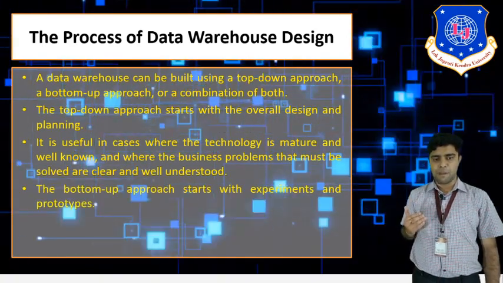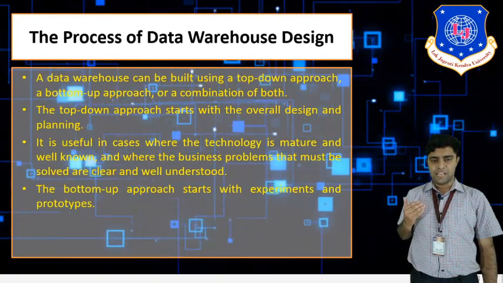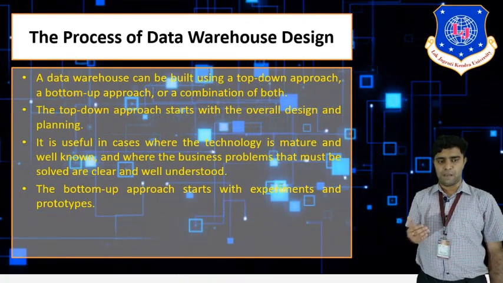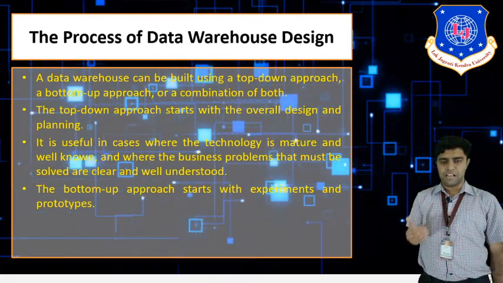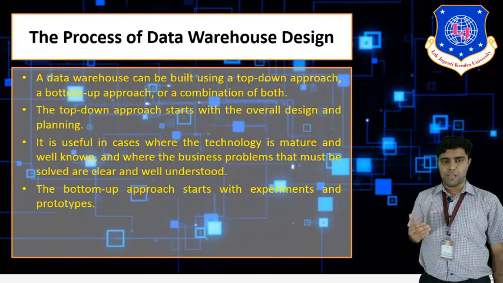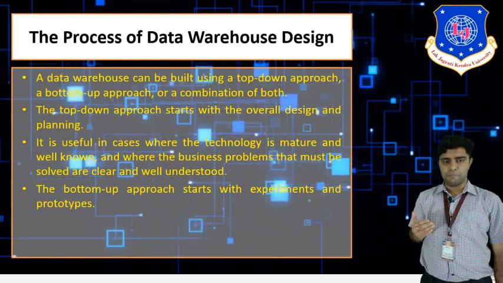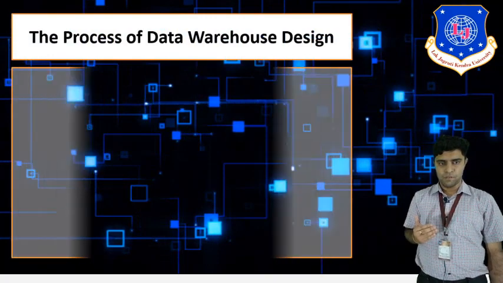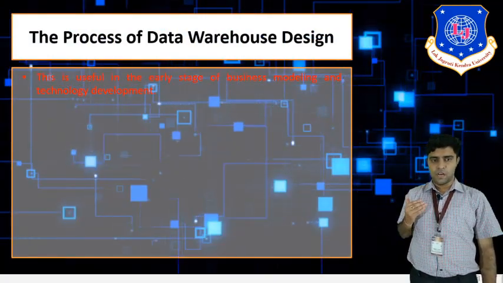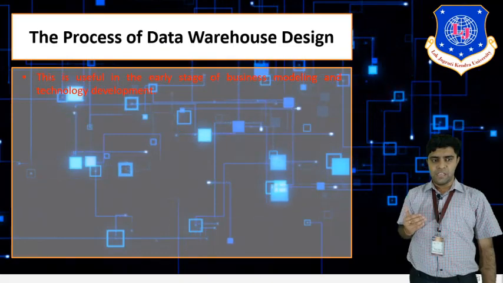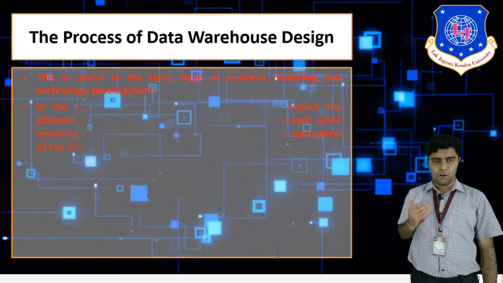The bottom up approach starts with experiments and prototypes. Prototypes will be built for the bottom up approach. This is useful in the earlier stages of business modeling and technological development.